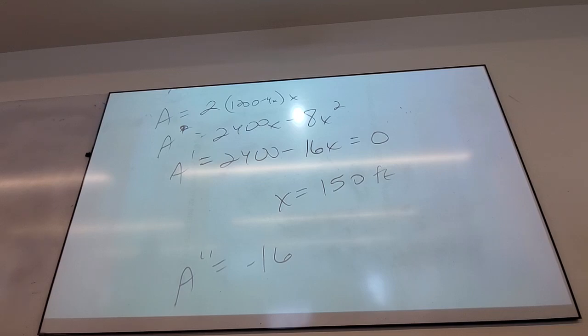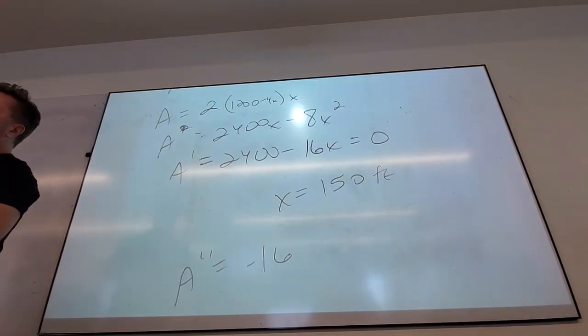Negative 16. It doesn't matter what you make x, yes? So this is always concave down. And we already knew that because it's a down parabola, yeah? You guys see that? Of course the math came out to be this, because a down parabola is always concave down. Yes, it's the definition of concave down. It's the picture we make. So is that a max?